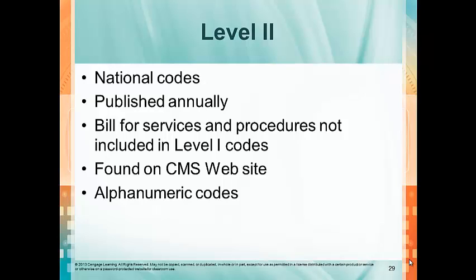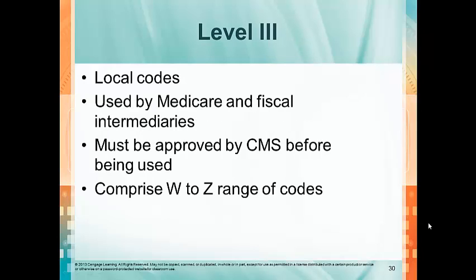HCPCS Level 2 codes consist of 1 alpha character, A through V, followed by 4 digits. These codes must be approved by CMS before they can be used.